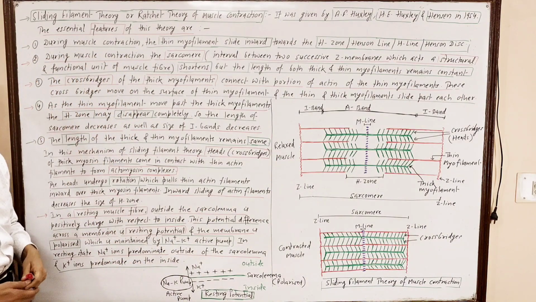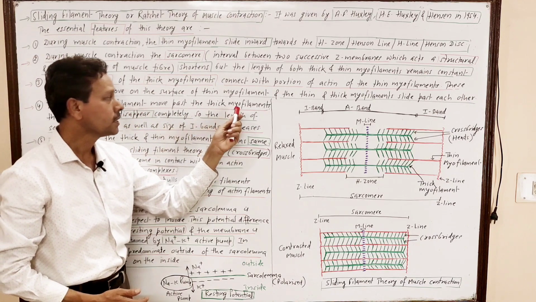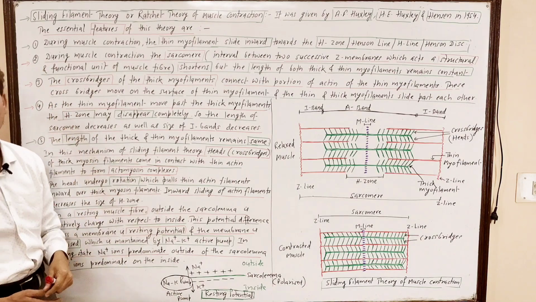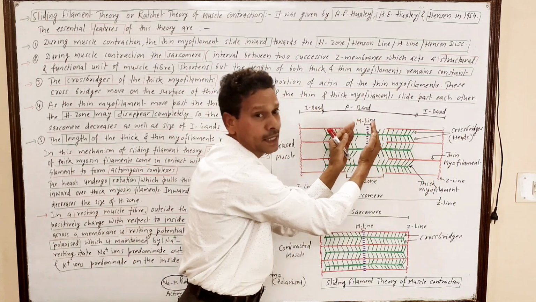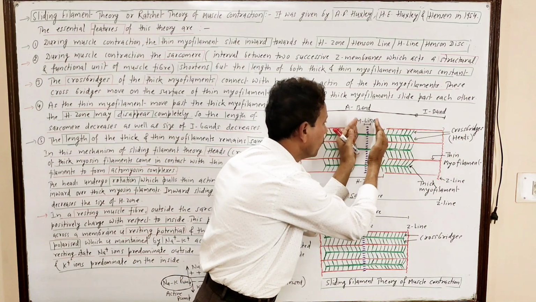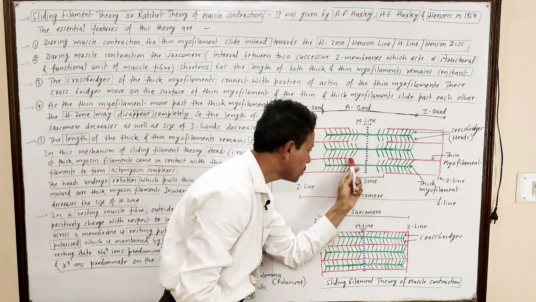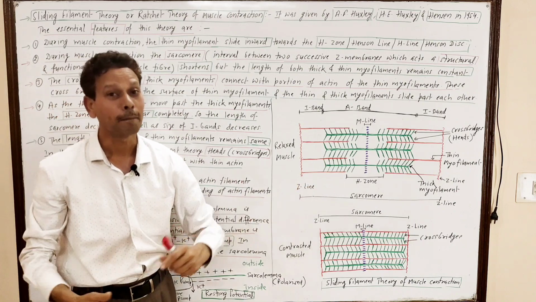The next point is that as the thin myofilaments move past the thick myofilaments, the H zone may disappear. As these thin myofilaments move towards the M line, the H zone may disappear completely.